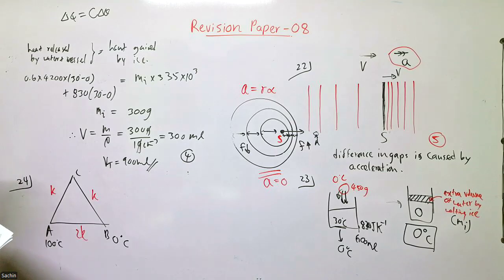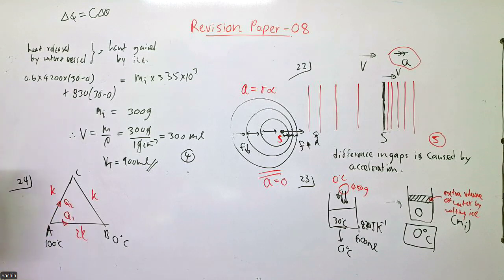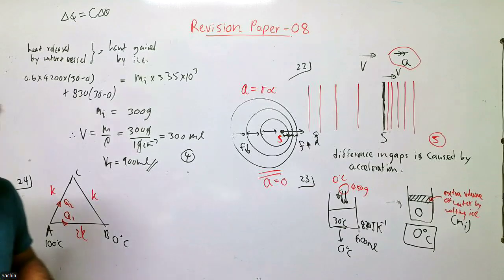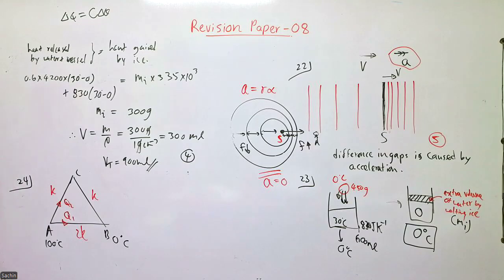In the steady state, rate of heat flow through AB and AC. So they are asking what is the ratio between the rate of heat flows, Q1 is to Q2. Okay, we can write the relationships. So you see, this is a single connection, but from here to here, this is a series connection.